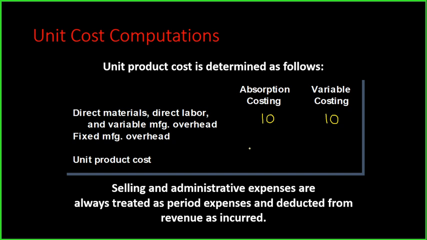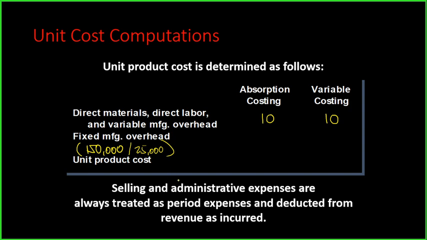Now, also under absorption costing, the fixed manufacturing overhead is part of the unit cost. So let's compute based on our problem. If I remember it right, your fixed manufacturing overhead is 150,000. And this company produced 25,000 units every year.